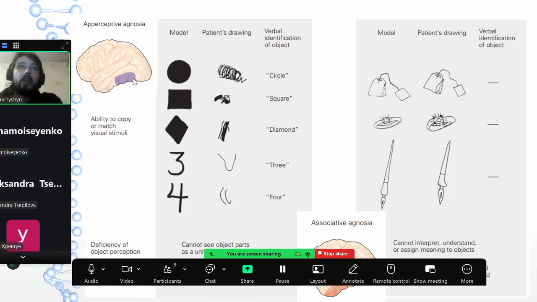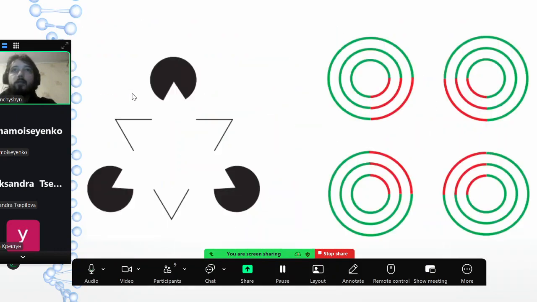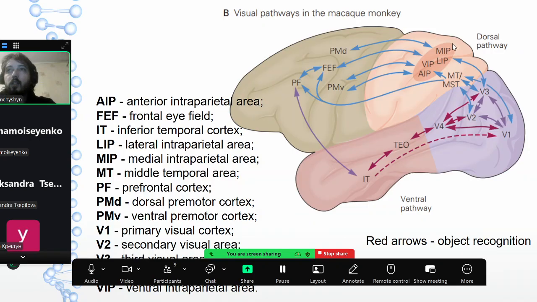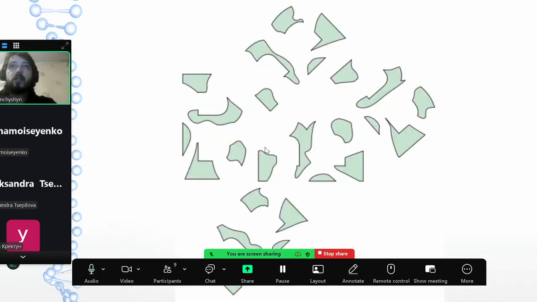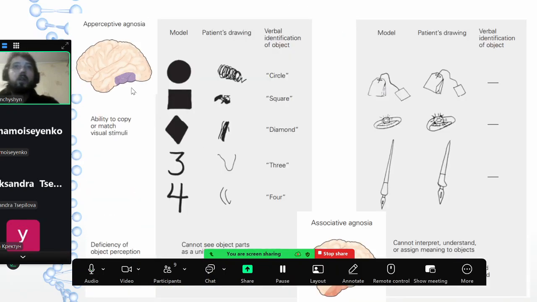So in case of damage of this part of the brain, and you can check this map to more or less understand what's happening in there, it leads to so-called apperceptive agnosia. That is the loss of the ability to copy or match visual stimuli.